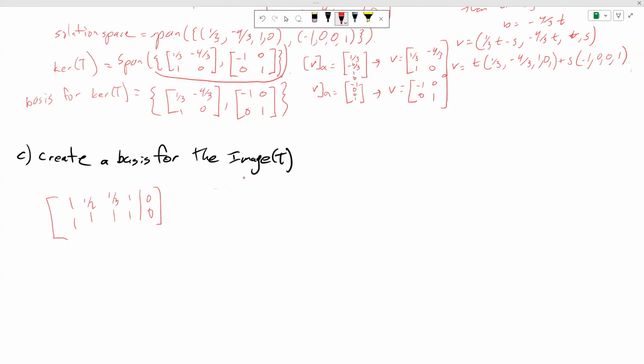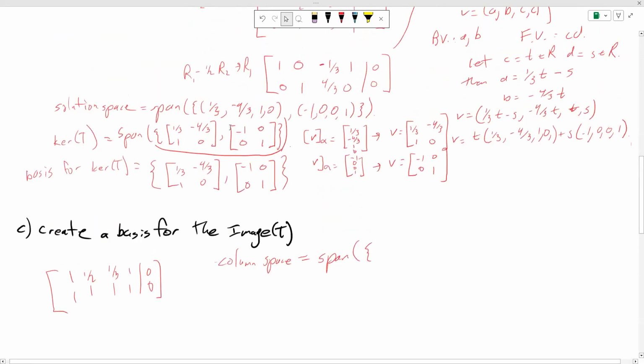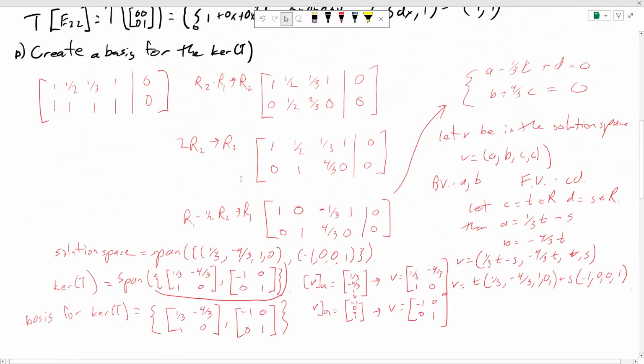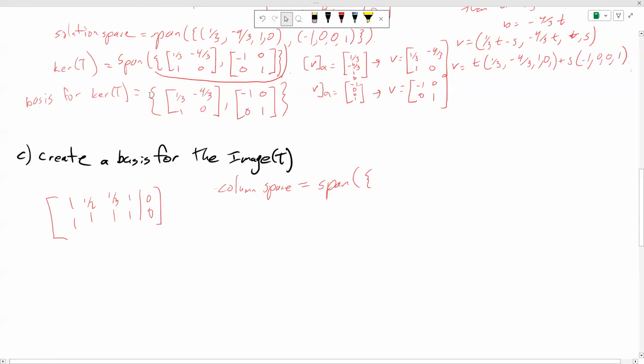So the column space equals the span of the set containing the vectors related to the basic variables from this system of equations. And our basic variables are A and B, so it's going to be the first two vectors, vector A and vector B. So it's going to be the span of the vectors (1, 1) and (1/2, 1).